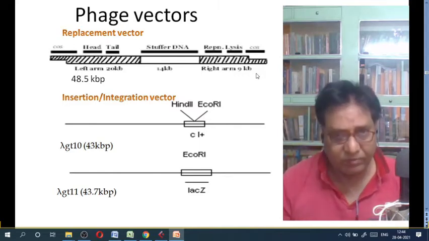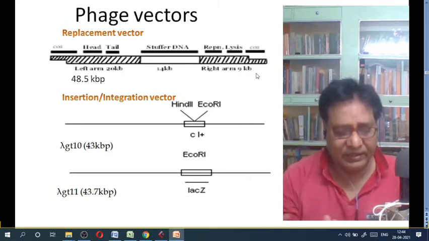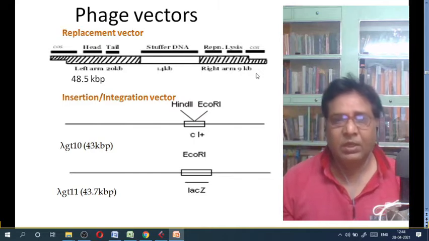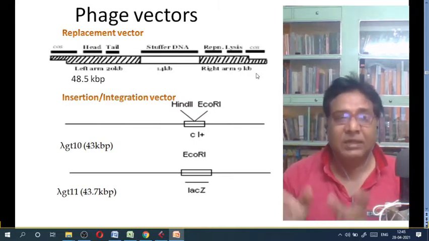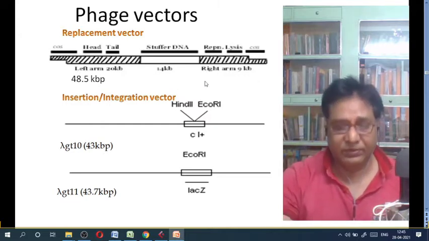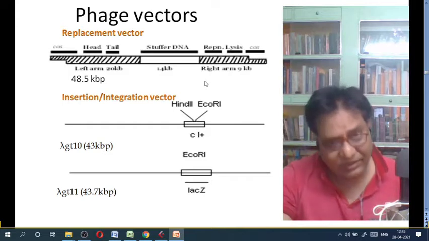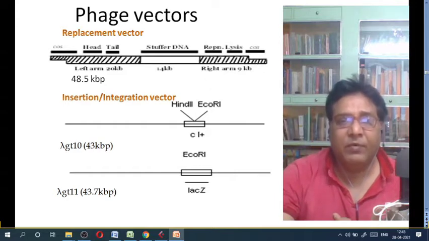They are not going to be packaged first of all, and they don't have the other genes for lysis and head and tail formation. The third one, which is the desired one, is that the left arm and the right arm contain an insert between them. This is the right thing that you require, the recombinant DNA, and they will again form a concatemer.